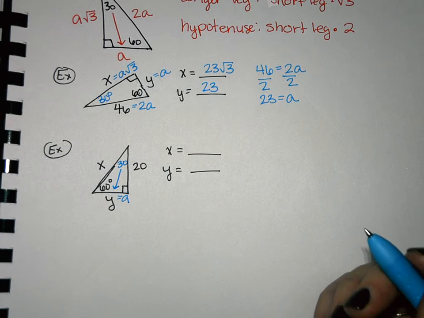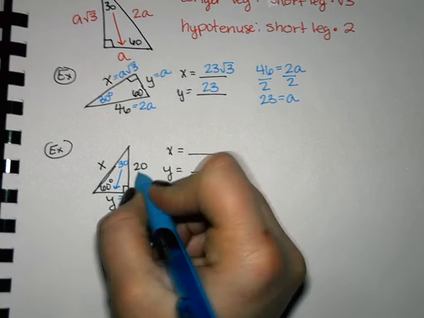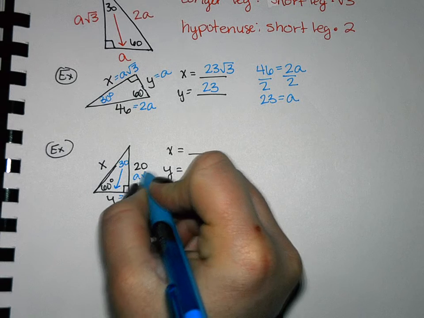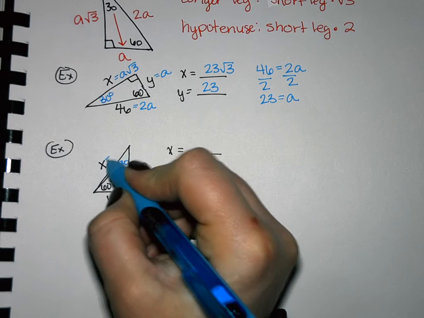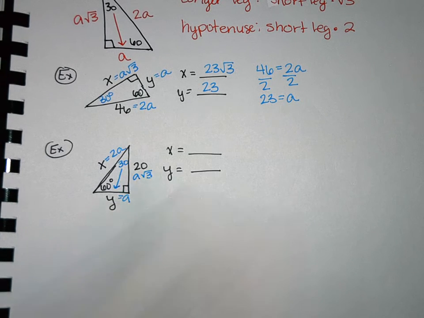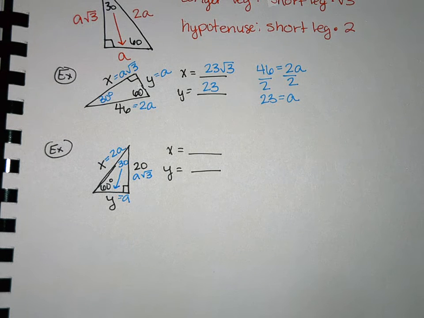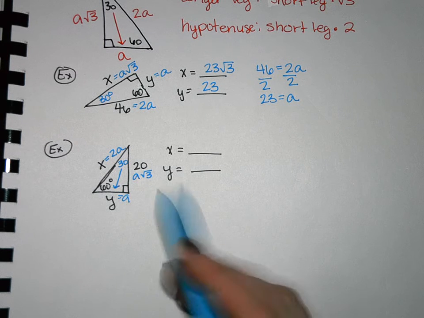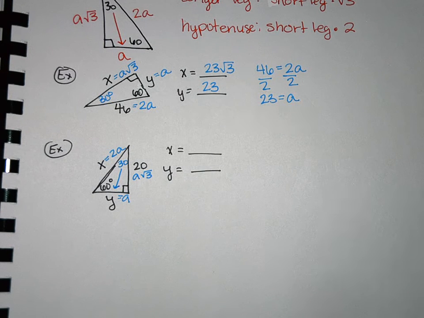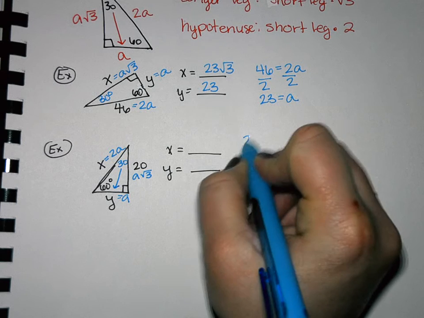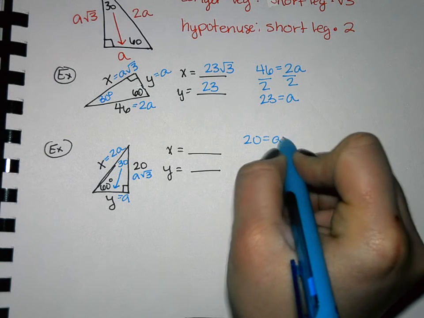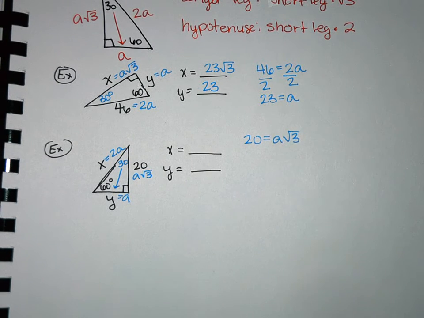So then what's the longer leg? It's the right side. Okay, the 20 is the longer leg, so that's our A root 3, meaning the hypotenuse will be 2A. So then again, now we look to see what side we actually have a measurement on, the A root 3 side. So I'm going to set up the equation. 20 has to equal A root 3.